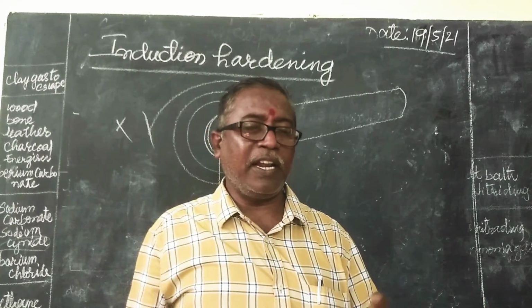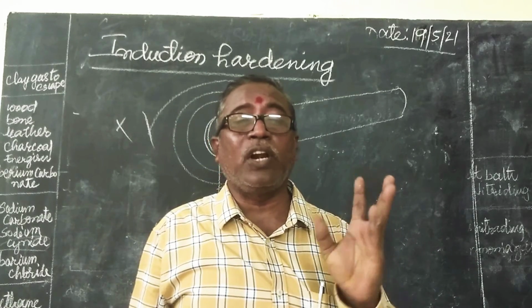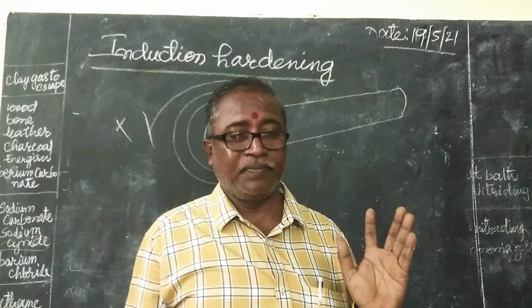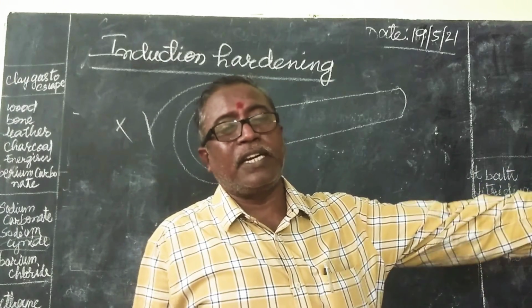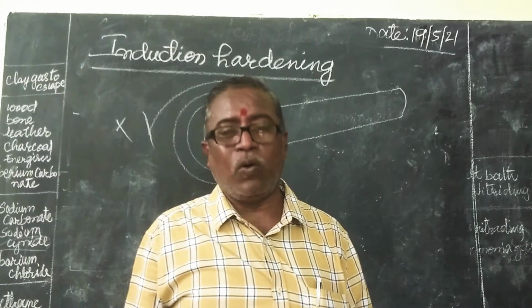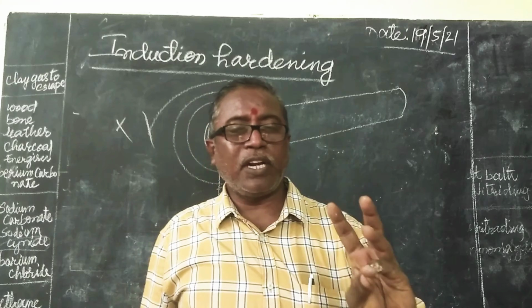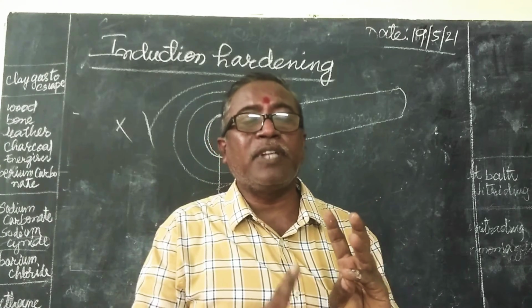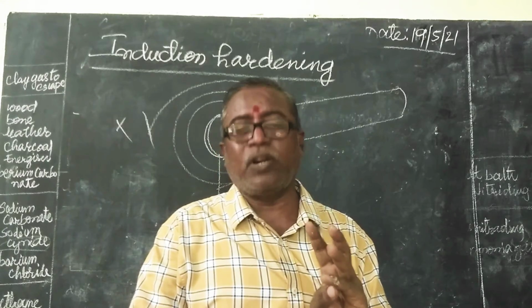So flame hardening, induction hardening. Induction hardening is only for a particular place. The material carbon percentage should be above 0.35%, not below. Below is not suitable. Part of the piece, or wherever we require, we can do by induction hardening.